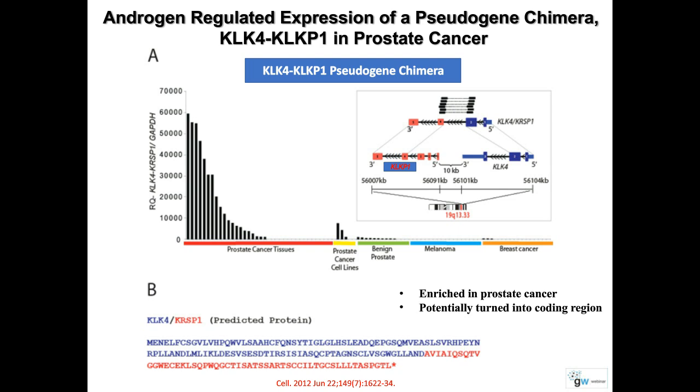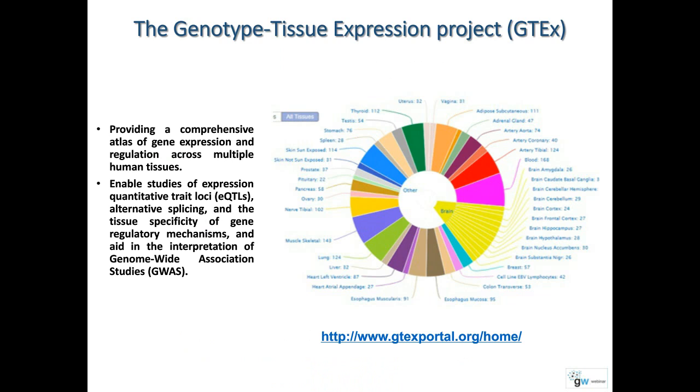Based on this, we wanted to characterize the function and other aspects of this fusion gene. As I mentioned before, the full-length KLKP1 is not making protein. So we looked at the expression of the full-length KLKP1 in the GTEx portal. As many of you are aware, the GTEx portal contains next generation sequencing data of more than 50 normal human tissues.